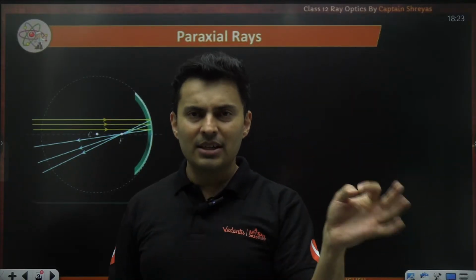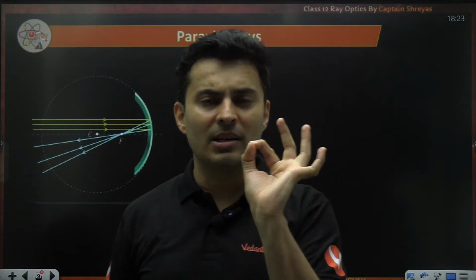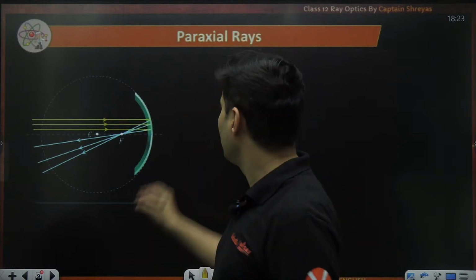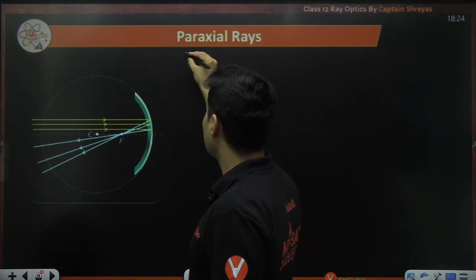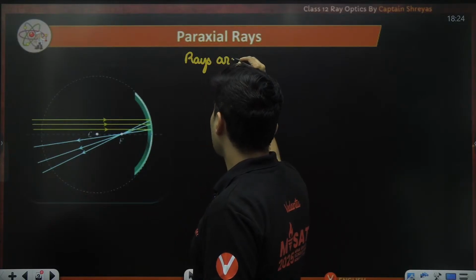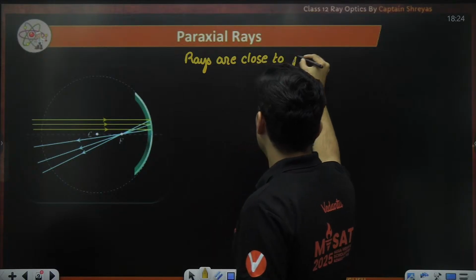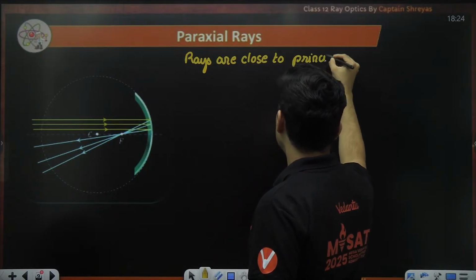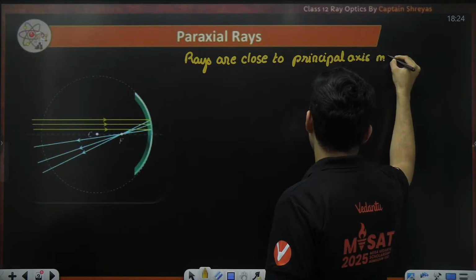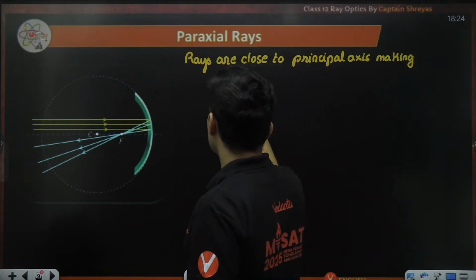There are some derivations through which you get the formulas. Those formulas make use of some assumptions, like the rays are very close to the principal axis. That is called paraxial rays. So the rays are close to the principal axis, making small angles.